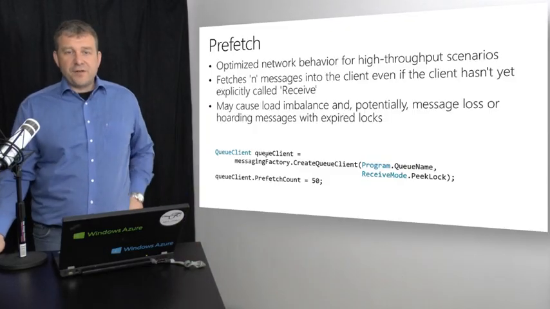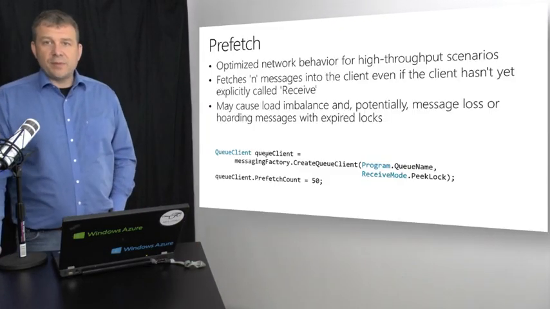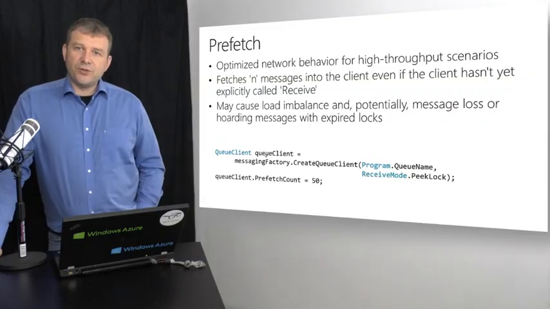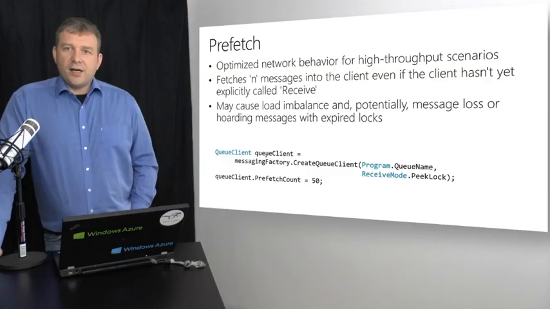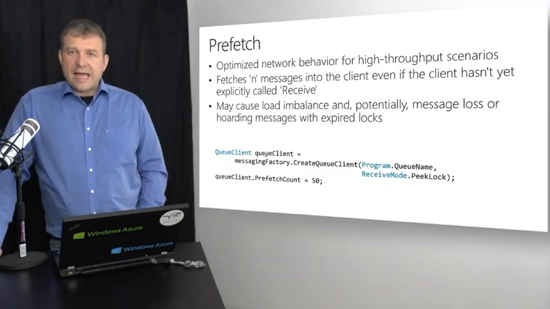Prefetch, I already mentioned that feature. That's an optimization. It's not like batching. What it will do is actually preload the buffer on the client with an eager fetch as you start it up.